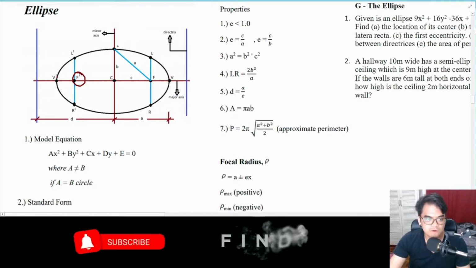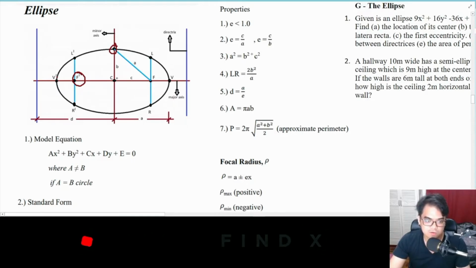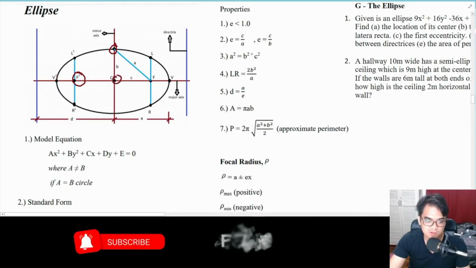And then from here to here, the distance of that will be your B. And then if you connect this one to the focus, the distance will also be A. Okay? So the distance from center to focus will be C.